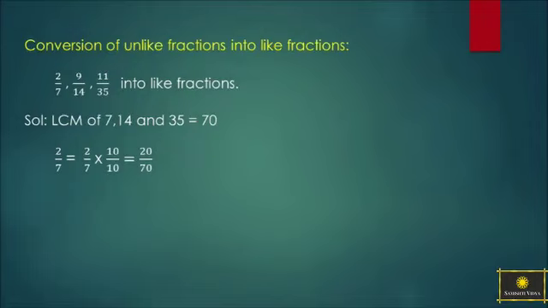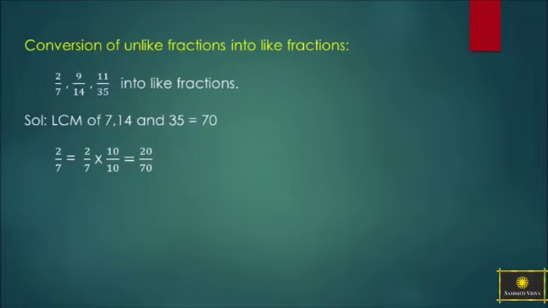So 7 tens are 70. When we multiply the denominator by a certain number, we need to multiply the numerator also with the same number. So we need to multiply the numerator, that is 2, with the same number 10. So 2 tens are 20, 7 tens are 70.